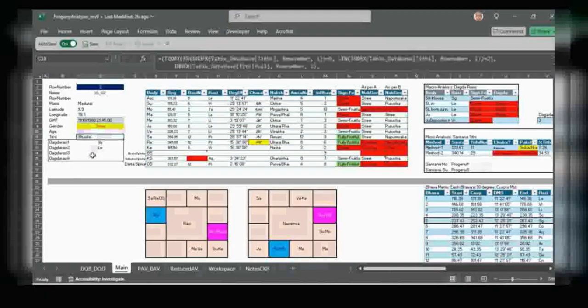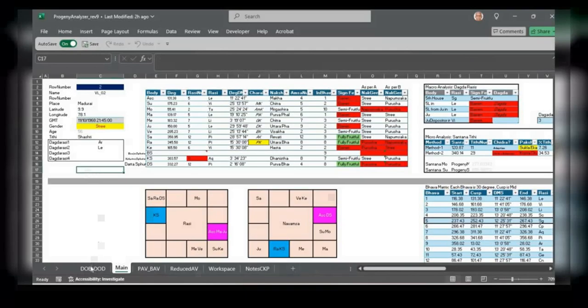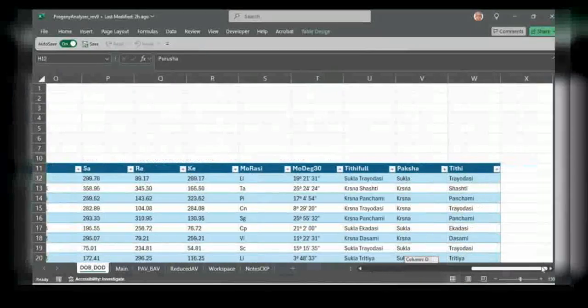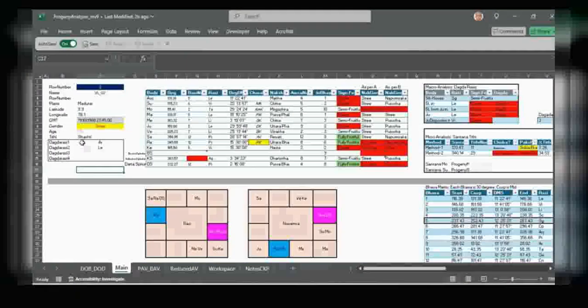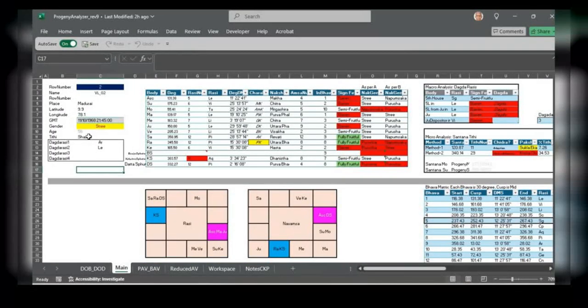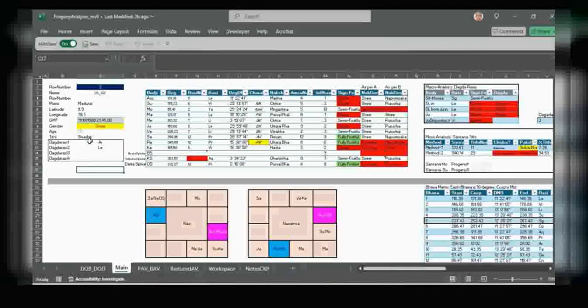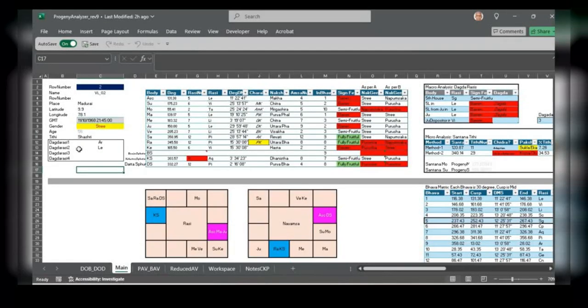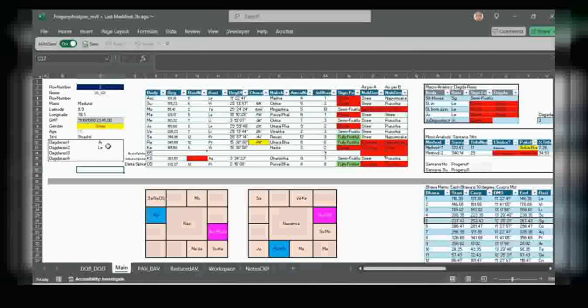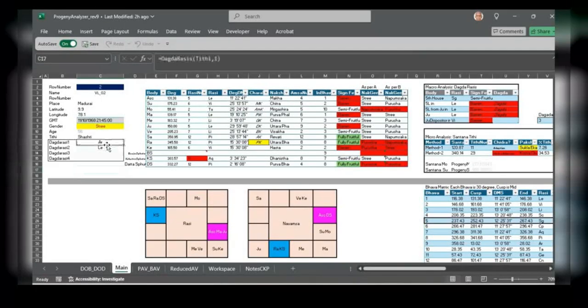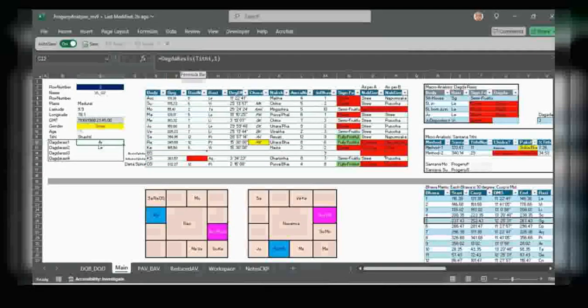The natal birth Tithi is also calculated here, to the right, just for the purpose of looking at it and using it further. For each Tithi, there are what are called Dagdha Rashis, burnt Rashis. I have a code inside now: given the Tithi, it will tell me the Dagdha Rashi.